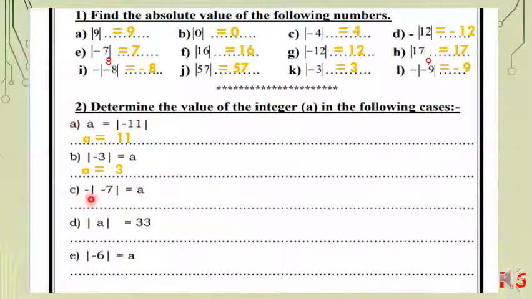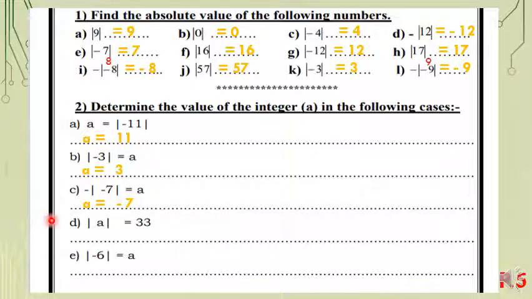Letter C, negative, the absolute value of negative 7 equals A, which means that A equals negative 7. This negative we already have outside the absolute value of negative 7.